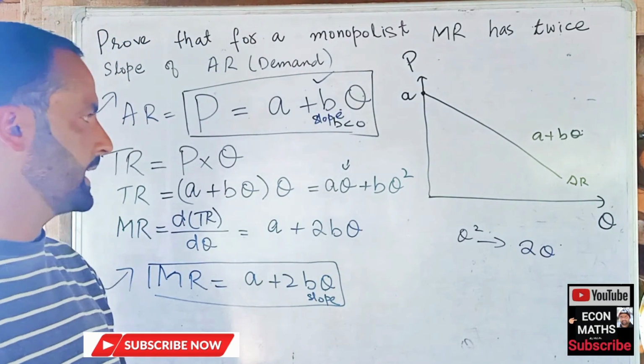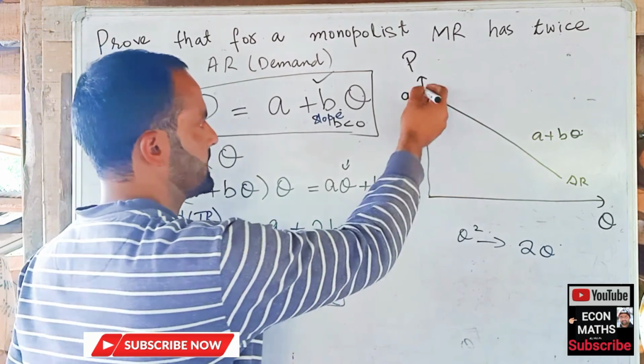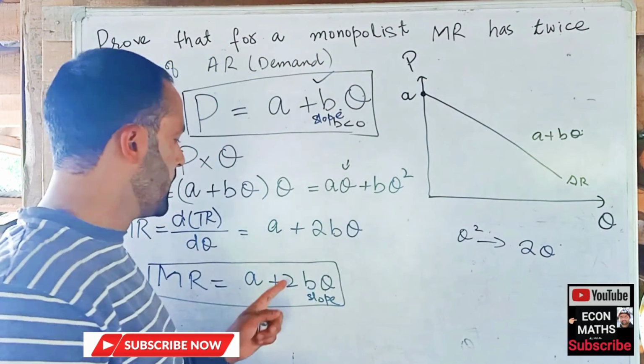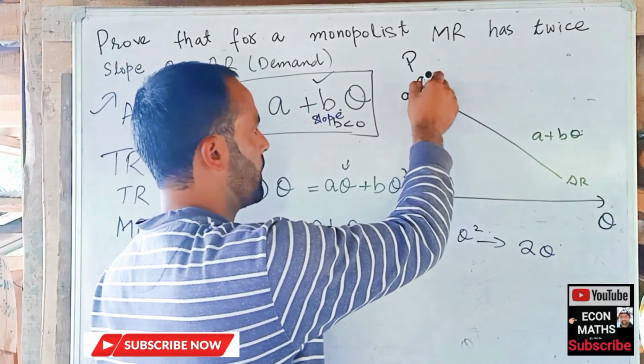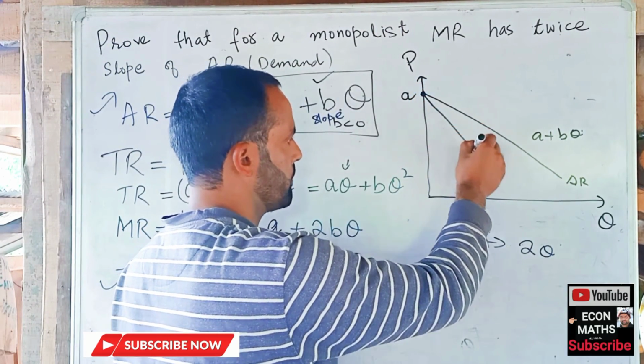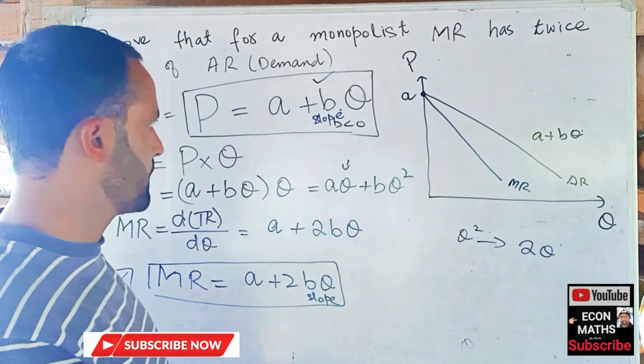Since the intercept is the same, we can show this graphically. The intercept will be the same for the marginal revenue also, and it will have twice the slope of the average revenue. So our marginal revenue will look like this. This is our MR, which is A plus twice BQ.